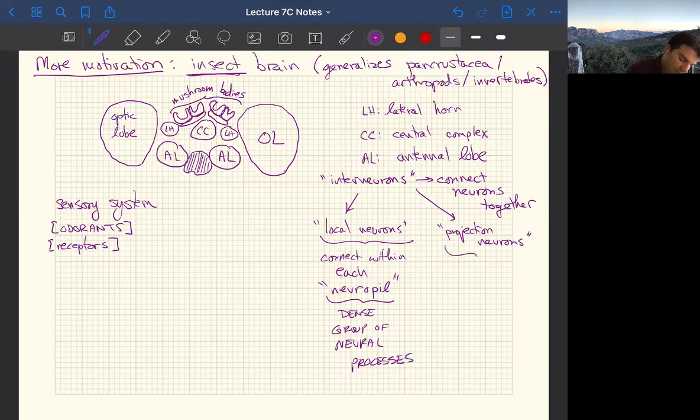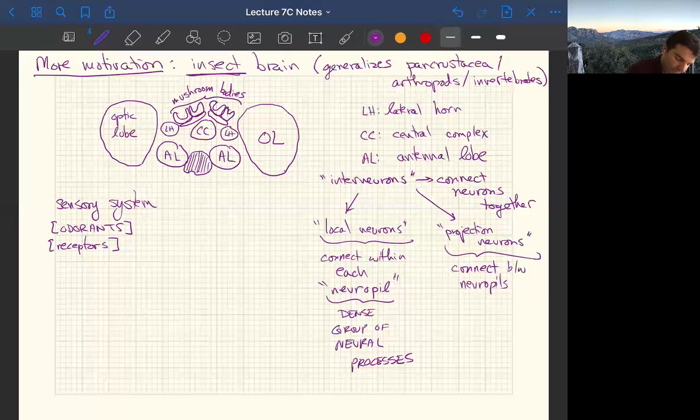And then the projection neurons connect between neuropils, or connect between neuropils and other structures.